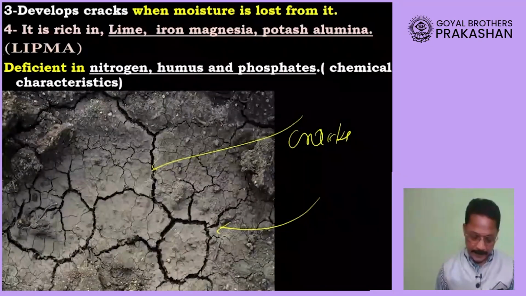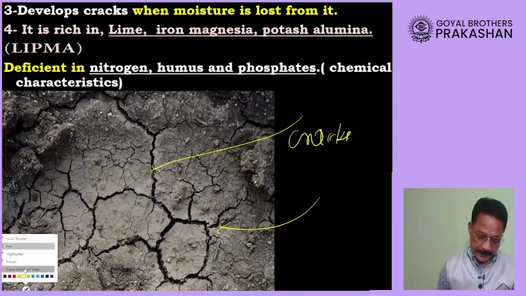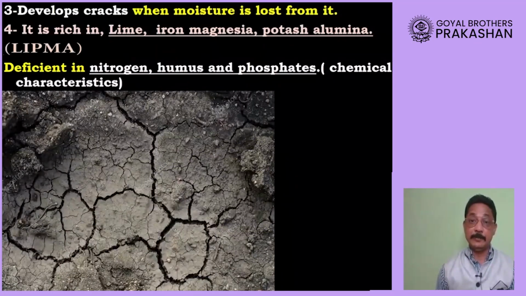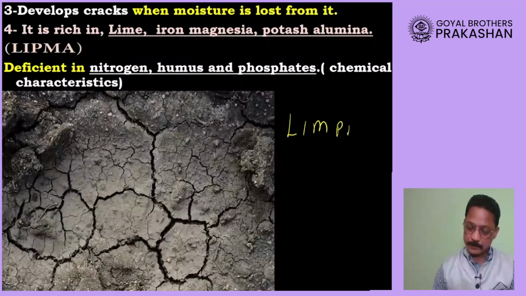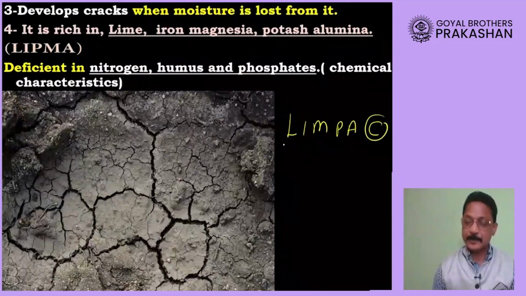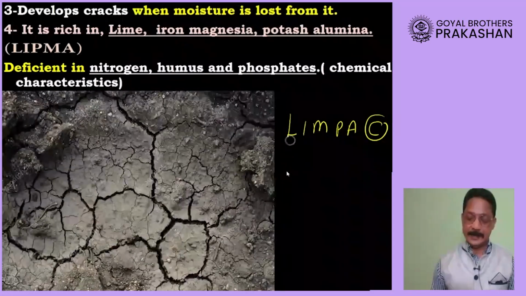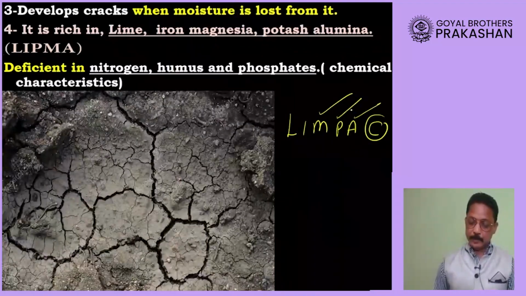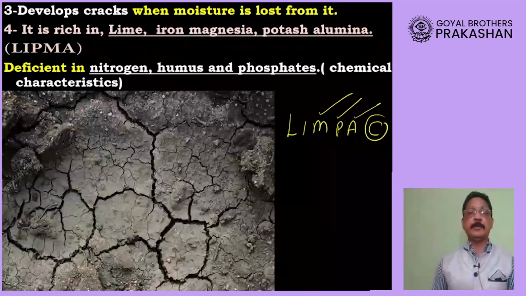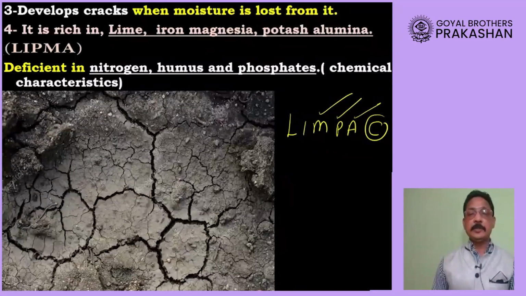Then sometime back we studied the chemical characteristics of alluvial soil. This soil also consists of the same nutrients except calcium. So can you tell what L stands for? You are right. It is lime, iron, magnesium, potash, aluminium. These are the major nutrients present in the soil.